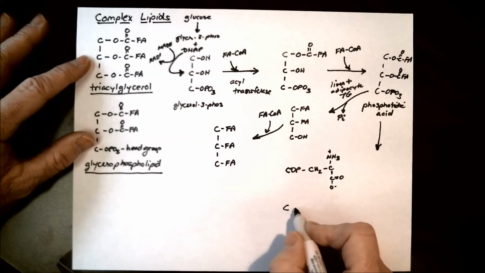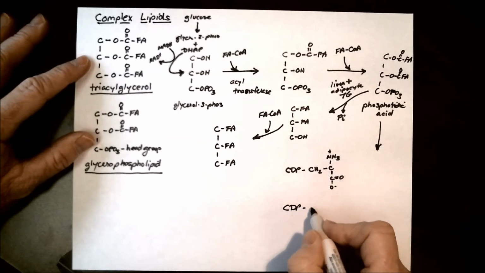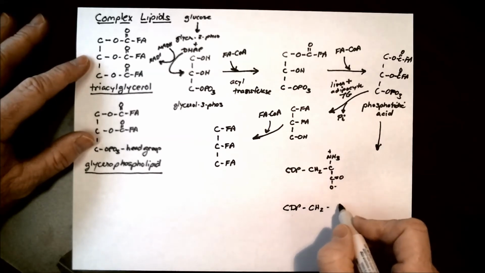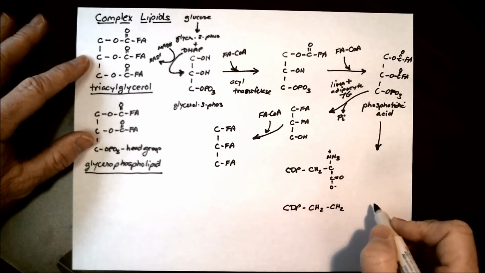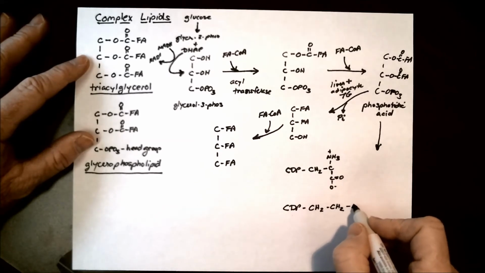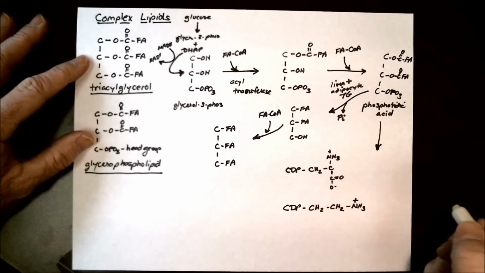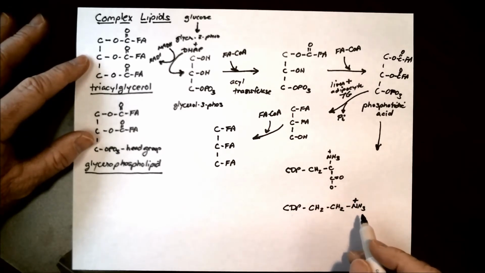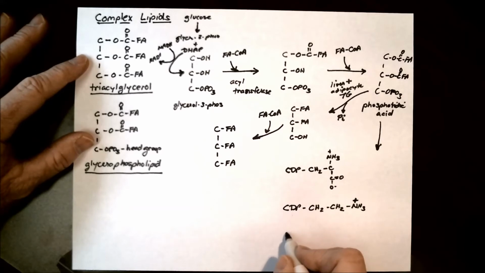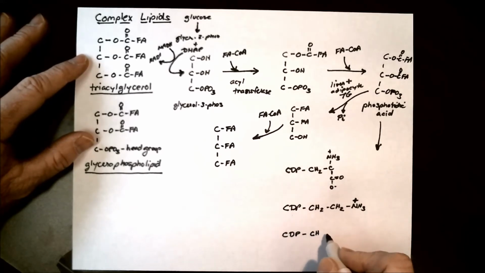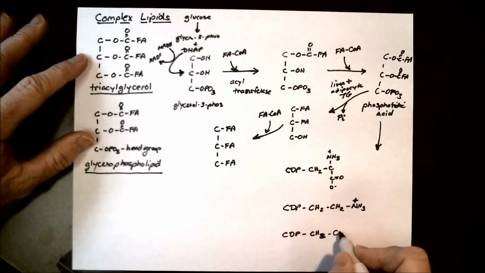The other potential head group is phosphatidylethanolamine. Here's our ethanolamine structure. And then the final head group will be phosphatidylcholine.